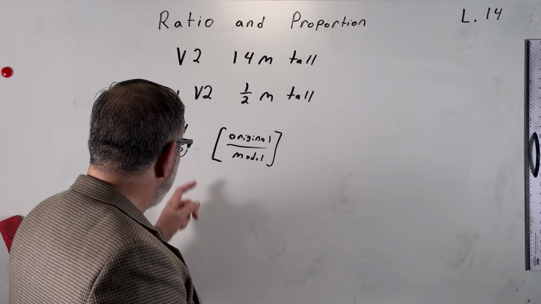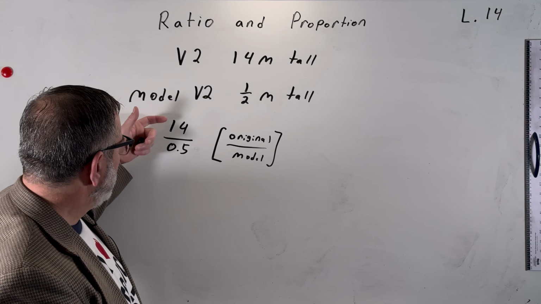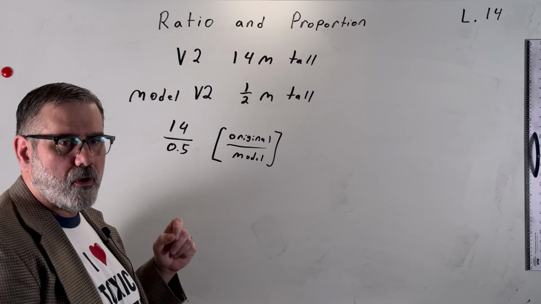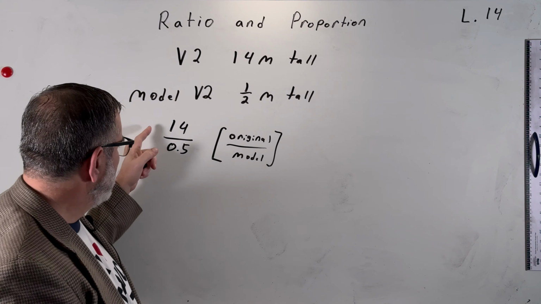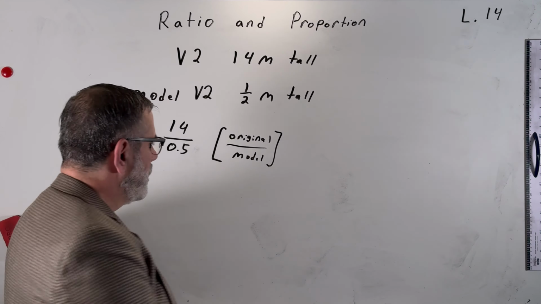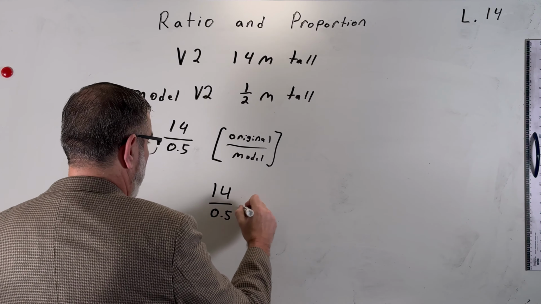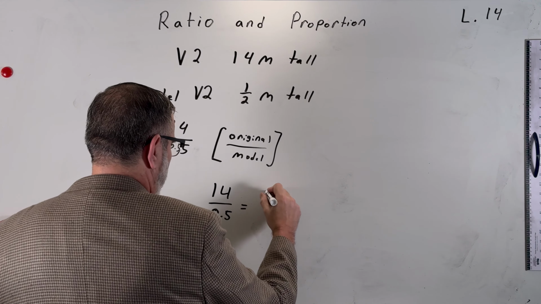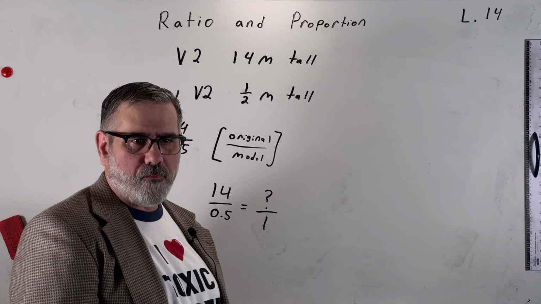So what I want to do is get this into units of some number per unit quantity. So I'm going to actually do this division to see what this ratio is in terms of 1. So I've got basically 14 over 0.5 equals some number to 1. And we call this a scaling factor.